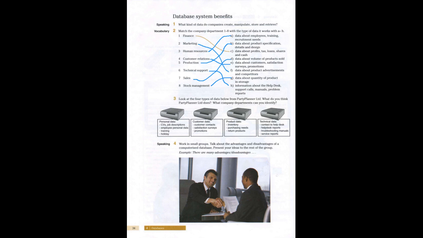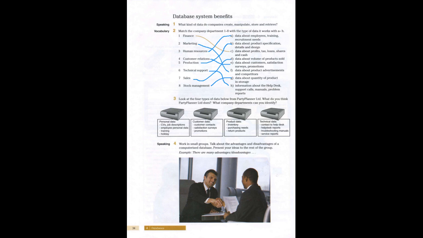If it is customer data, customer contacts, satisfaction surveys, promotions, products data, inventory, purchasing needs, return products. And as for technical support, contact to help desk, reports, troubleshooting manuals, and servicing reports.